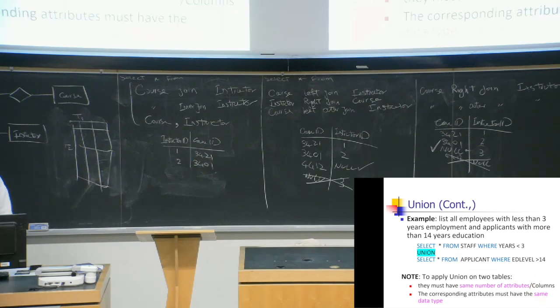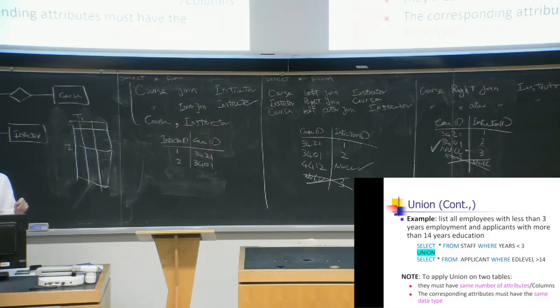So here's an example. For example, you want to find all employees with less than 3 years employment and applicants with more than 14 years education. Okay? So let's say you have this staff or employee table with this information. And then you also have another applicant table where you have, for example, years of education.